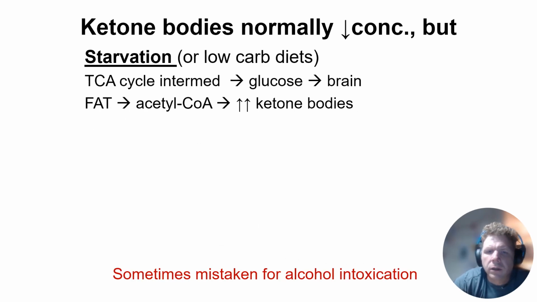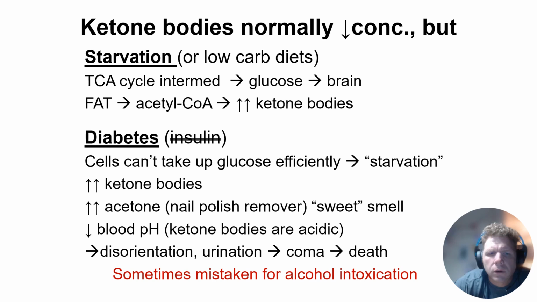Now, ketone bodies generally have a very low concentration, but under starved conditions or when people are surviving and living on a low-carb diet, what's going to happen is that TCA cycle intermediates are going to be metabolized to make glucose to fuel the brain. Fat is going to be metabolized by being converted to acetyl-CoA, and ultimately we're going to lead to the increase of ketone bodies.